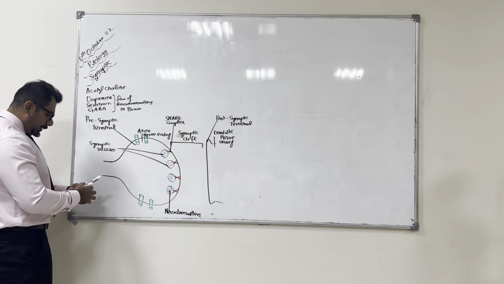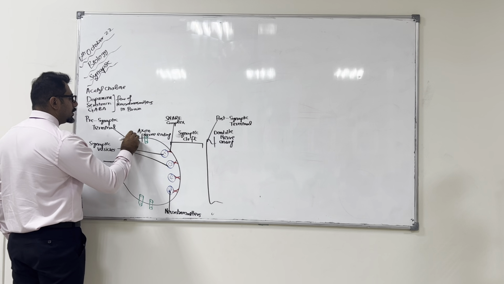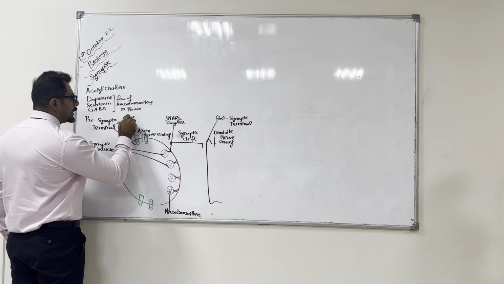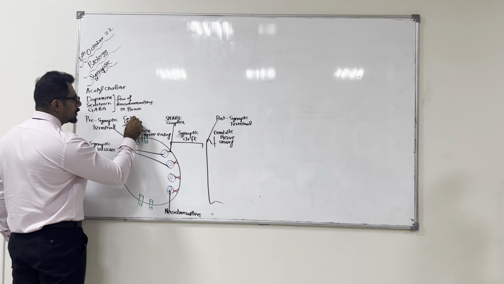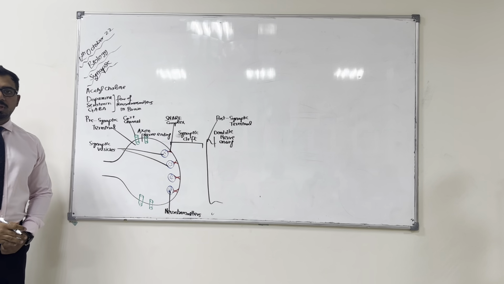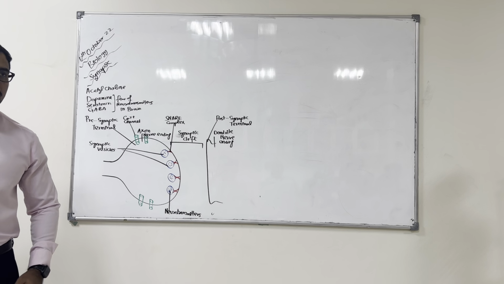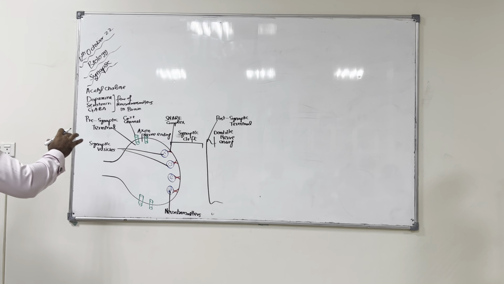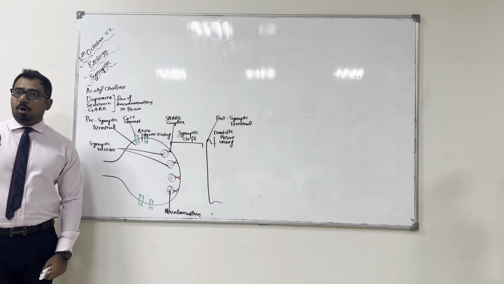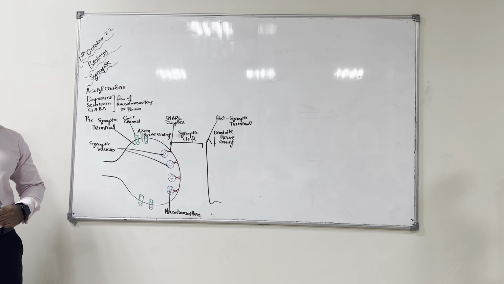So what are these? These are calcium ion channels. Now, these calcium ion channels have a very important role in the transmission of nerve impulse.